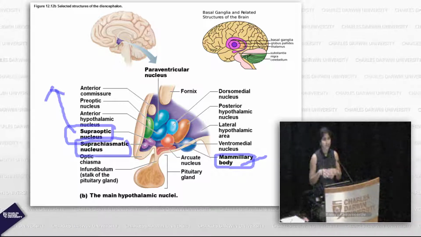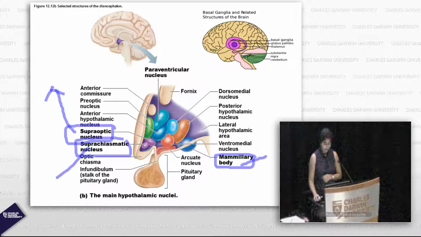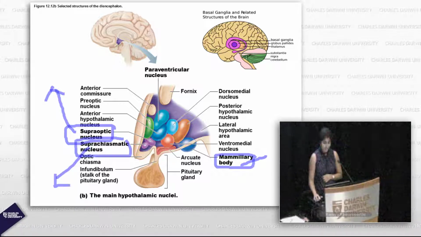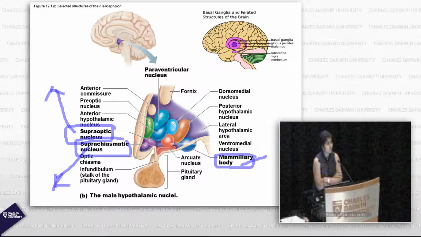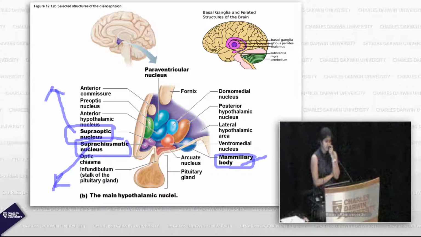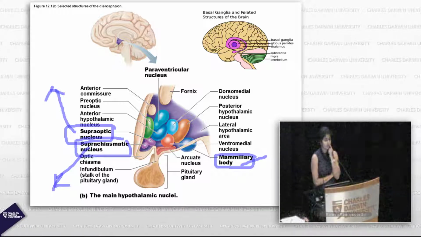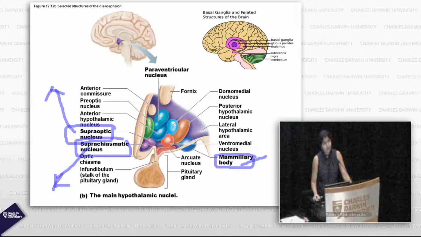Then we have the suprachiasmatic nucleus, which secretes a very important posterior pituitary hormone. Any guess what it is? Alright, it secretes a peptide hormone called ADH, or vasopressin.